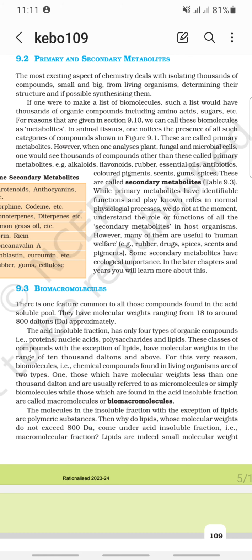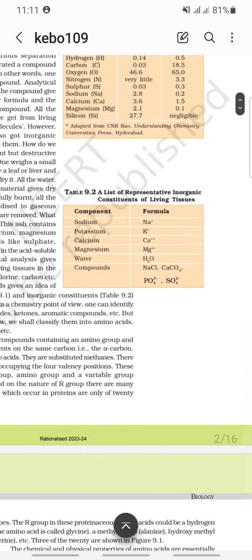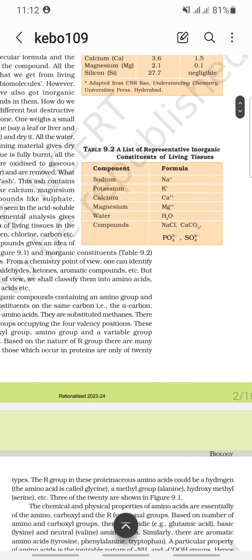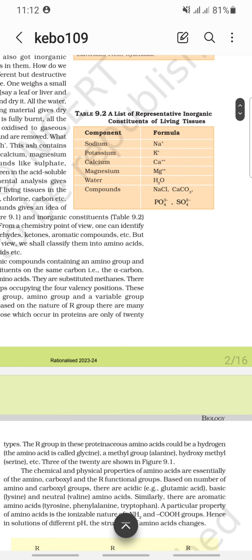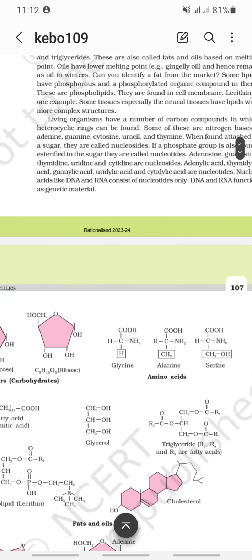Table 9.2 List of representative inorganic constituents of living tissues: sodium, potassium, calcium, magnesium, water, and compounds: NaCl, CaCO3, PO4 3 minus, SO4 2 minus.